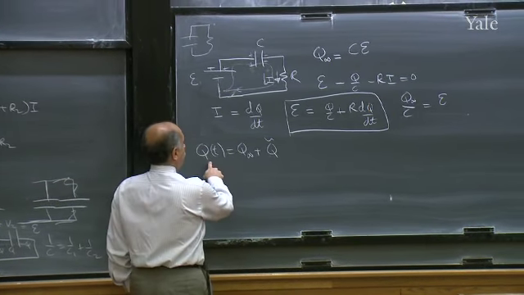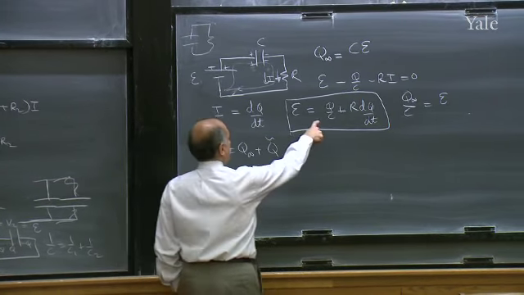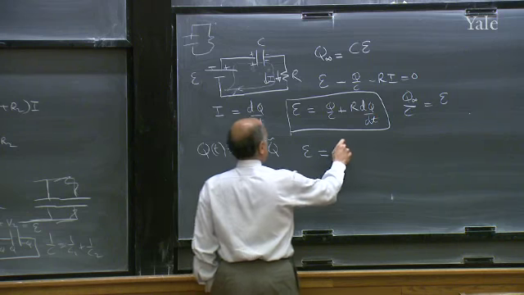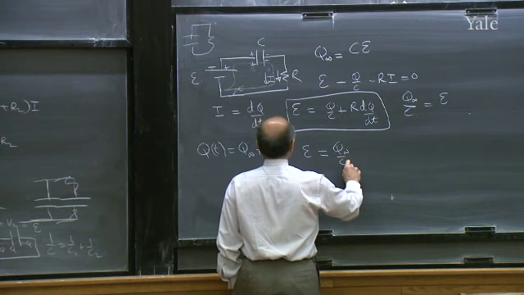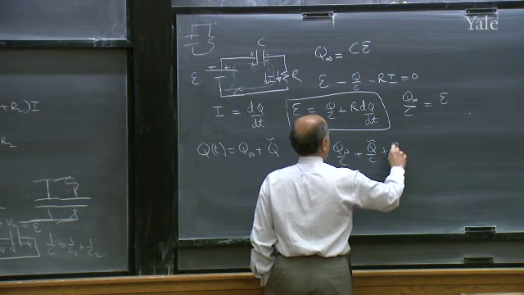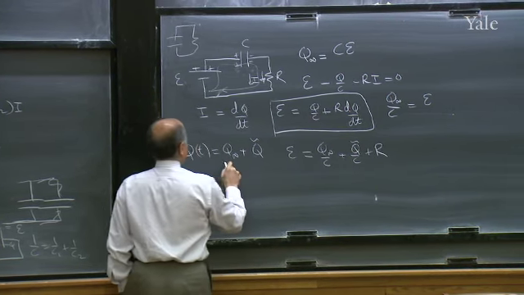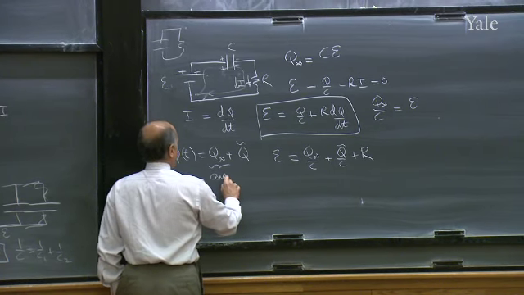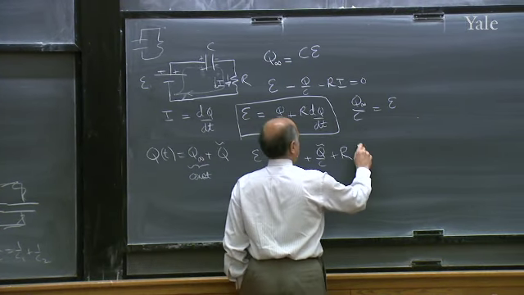So take this Q, put that in the equation and see what you get. Left-hand side is E. Right-hand side is Q over C, which is Q infinity over C plus Q twiddle over C. And when you take dQ/dt, this is a constant. So this is just dQ twiddle/dt.